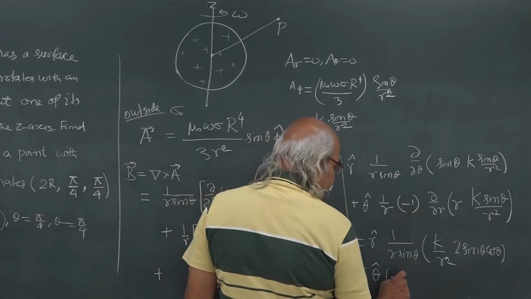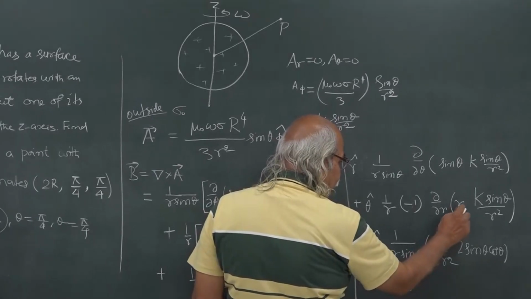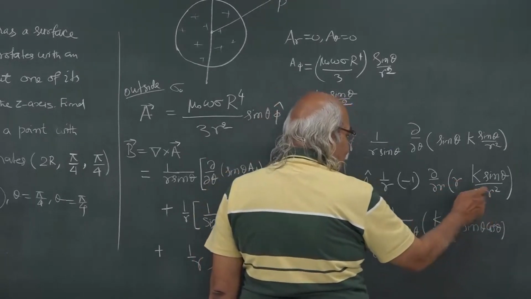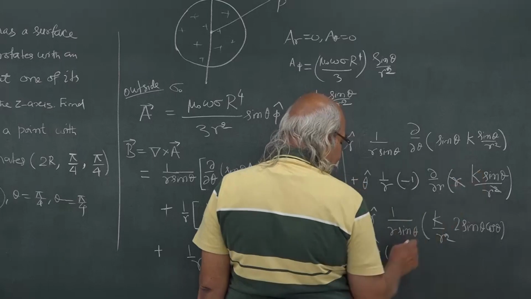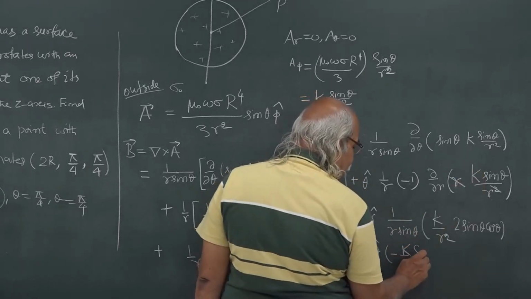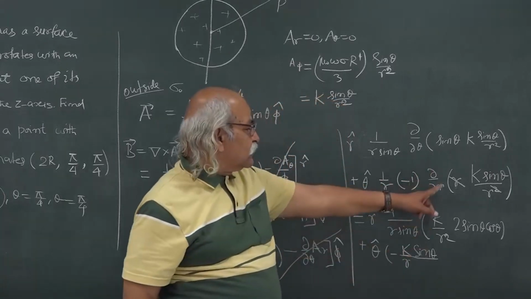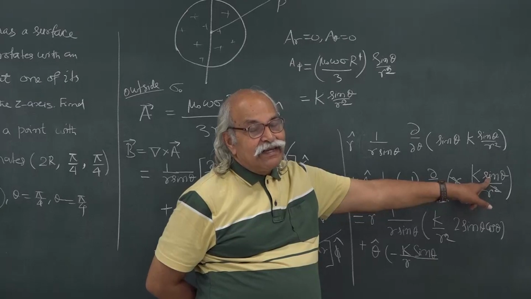Minus here 1 by r here, and then differentiation is with respect to r. Here is r, here is r square, so it is 1 by r, and k also you can write, sin theta also you can write. Since differentiation is with respect to r, sin theta is also to be treated as constant.